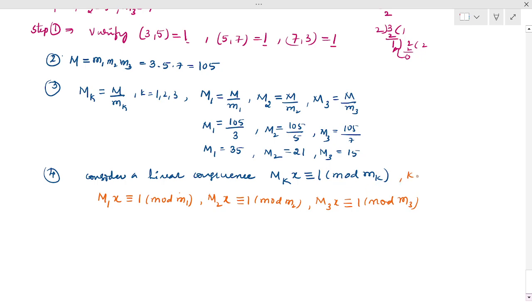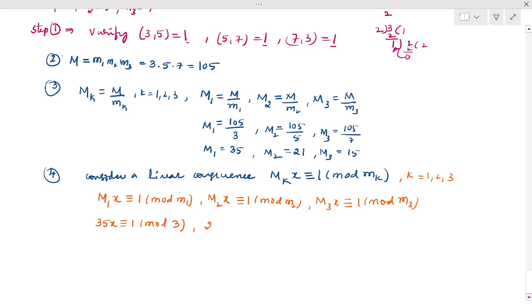Capital M1, we know already, is 35, so 35 x congruent to 1 mod small m1. Small m1 value is 3.